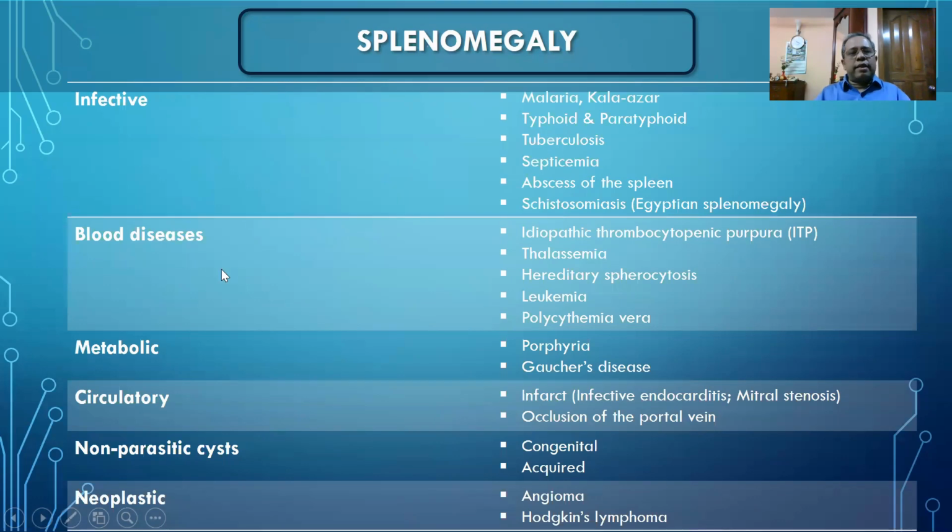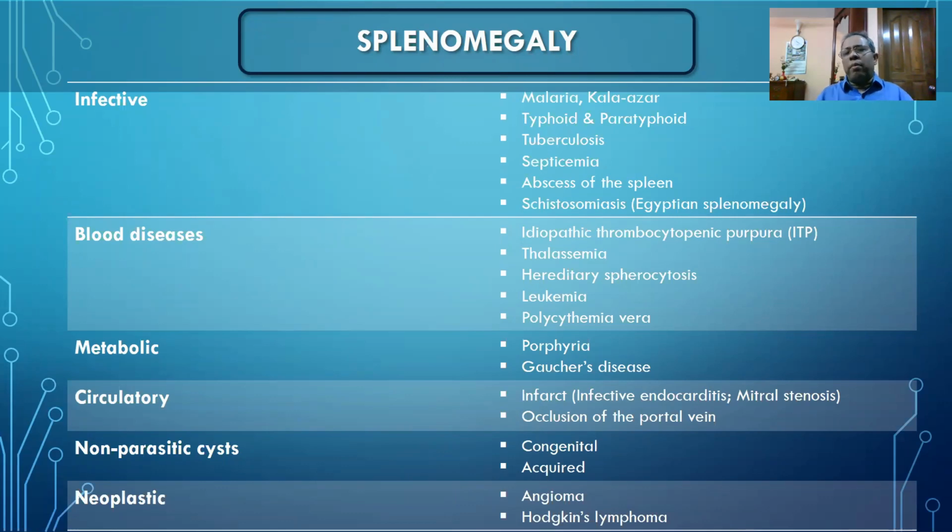The blood diseases are idiopathic thrombocytopenic purpura. That means the patient's thrombocyte count is declining. Whenever the thrombocyte count declines, there is a bleeding tendency, patchy red spots throughout the skin, and bleeding from the gum, etc. When the cause of the thrombocytopenia is not evaluated or confirmed, it is called idiopathic thrombocytopenic purpura.